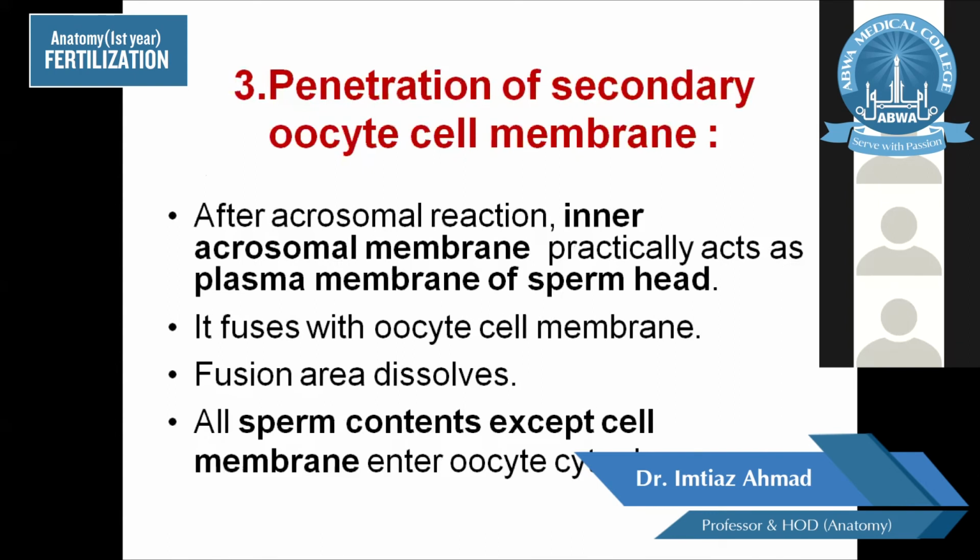Now comes the third barrier, that is the plasma membrane of the oocyte. After acrosomal reaction, the inner acrosomal membrane practically acts as the plasma cell membrane. It fuses with the oocyte cell membrane. The fusion area dissolves. All the sperm contents, except the cell membrane, enter the oocyte cytoplasm.